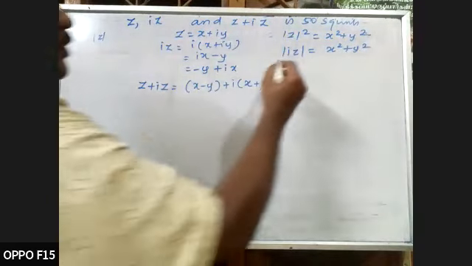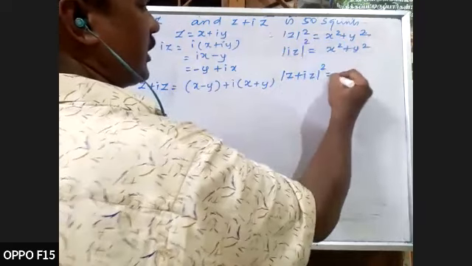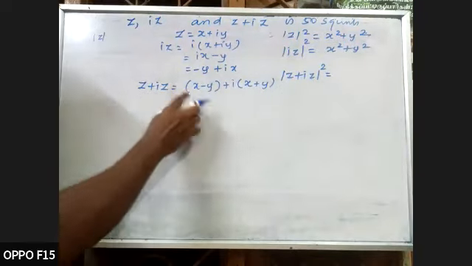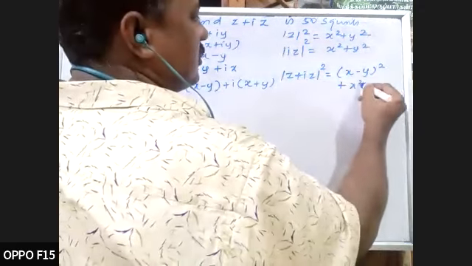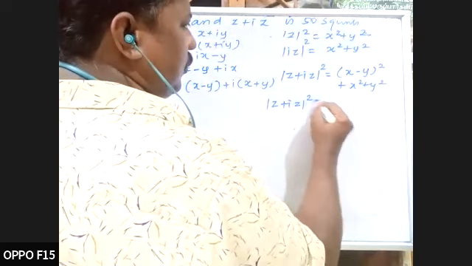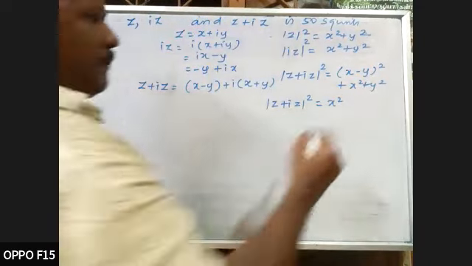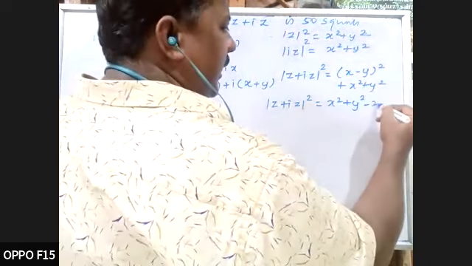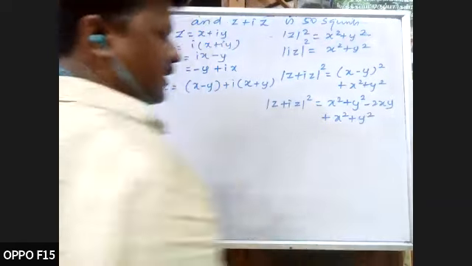Modulus of z plus iz the whole square is x minus y the whole square plus x plus y the whole square, that is x square plus y square minus 2xy plus x square plus y square.